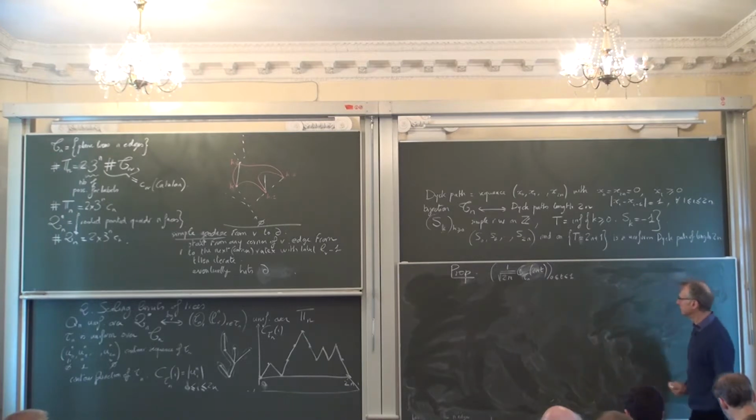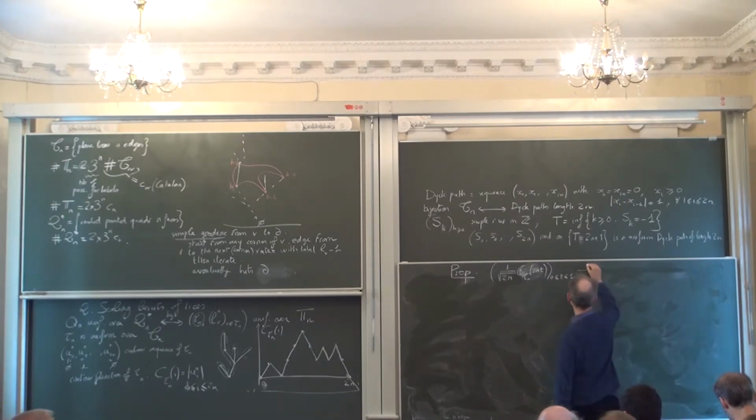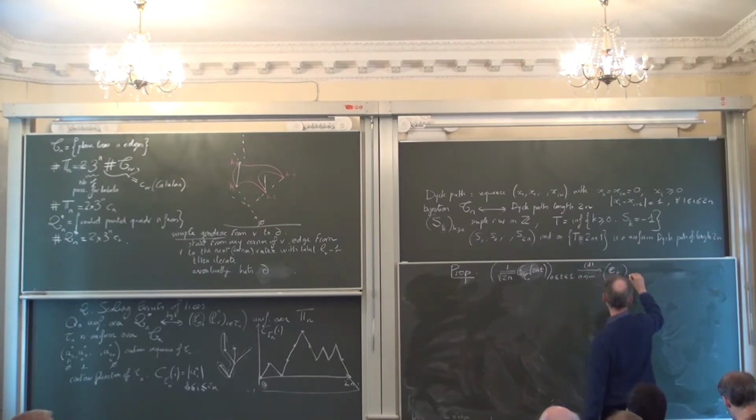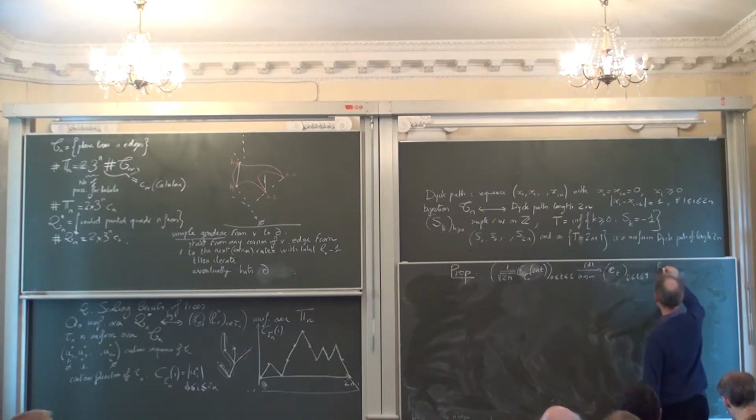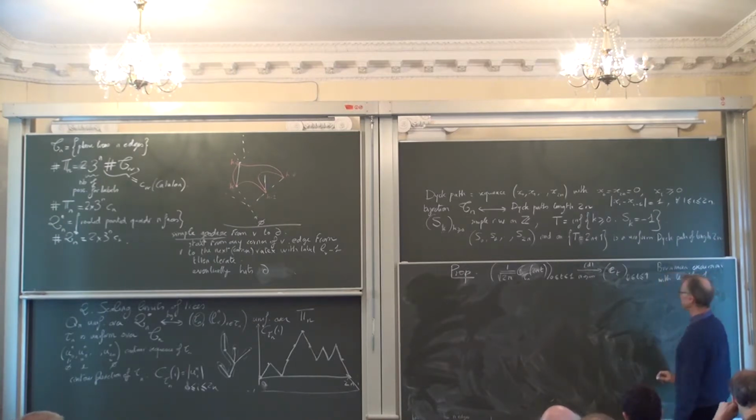Then this converges in distribution as n tends to infinity to a limiting object, which is the Brownian excursion with length 1.